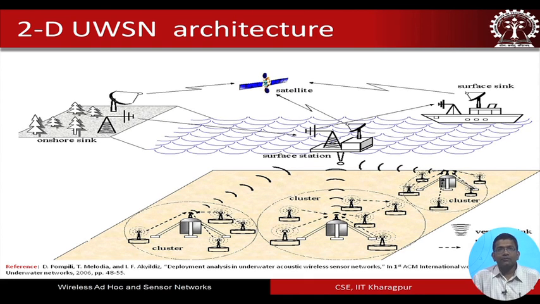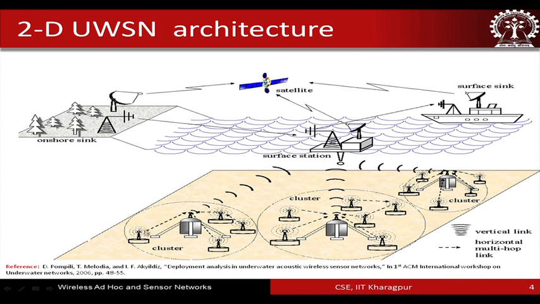Here, first we look at the 2D underwater sensor network architecture. In the 2D architecture, what we see is that we have the ocean surface like this, and the sensor nodes are deployed on the ocean floor.